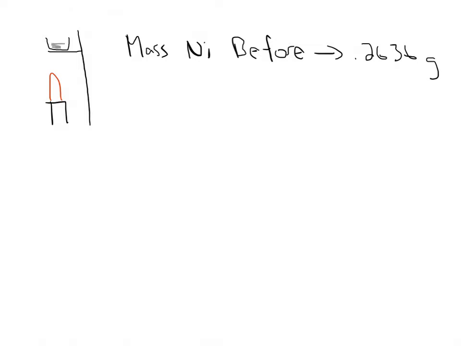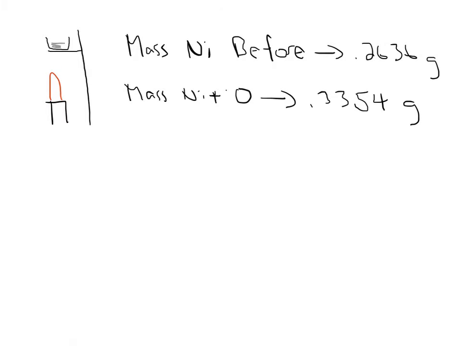Now, as we heat it, it begins to react with the oxygen in the air, and when we're done, the mass of the nickel plus the oxygen is 0.3354 grams. So we have a substance in here in our crucible that is now nickel and oxygen, and we need to figure out what the formula is.